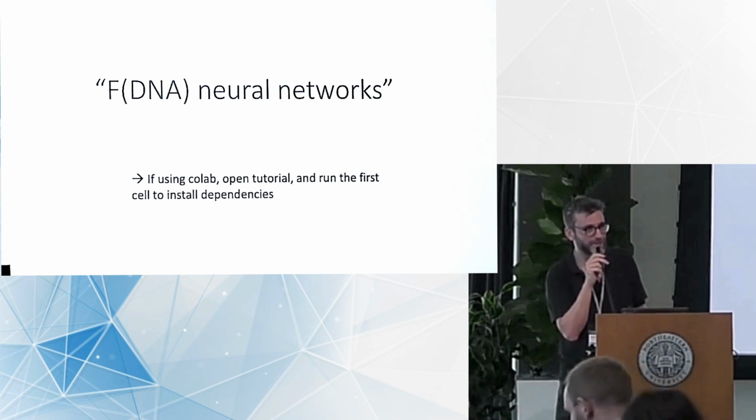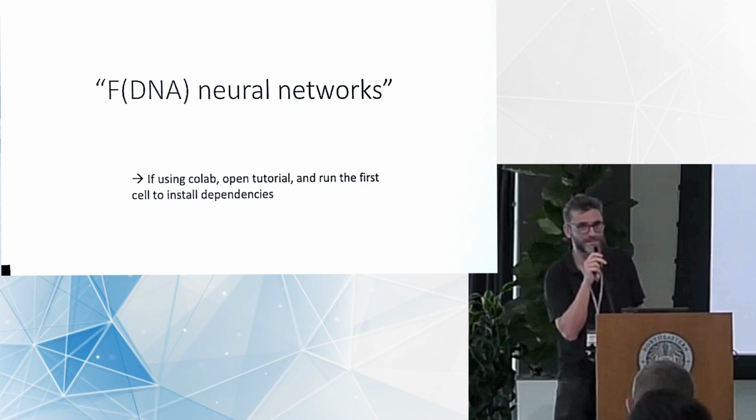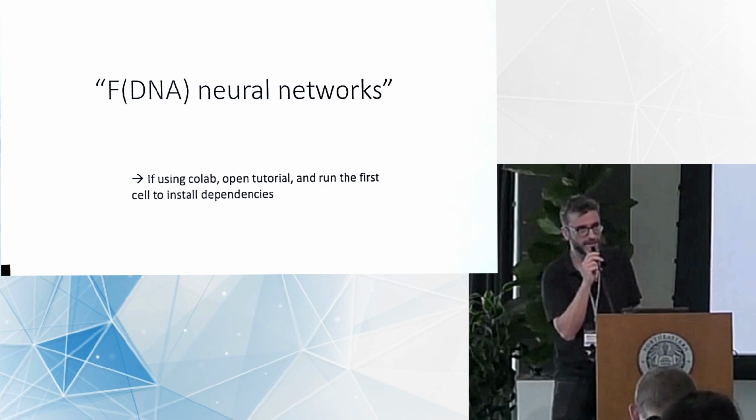The first cell is the really slow and important one to do first, because it's setting up a conda environment with a few different dependencies for running any of the software. If it doesn't finish, the next cell will just execute and say, oh, you didn't install the packages. So just run the first cell and wait maybe 5 minutes, and then run the next. I won't be silent for 5 minutes though, don't worry.